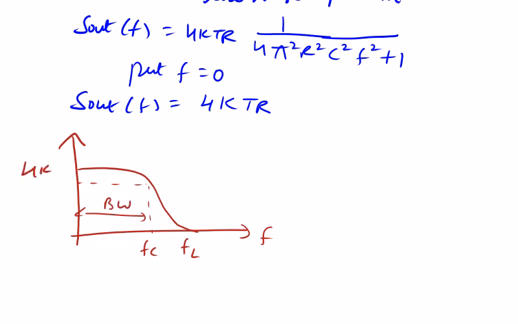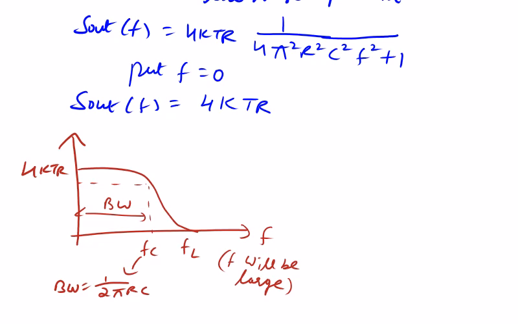This is your 4kTR. So the bandwidth is equal to 1 divided by 2 pi RC. So here the f will be large.